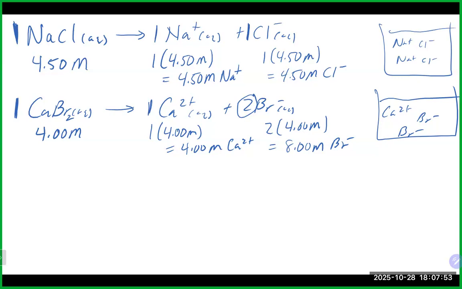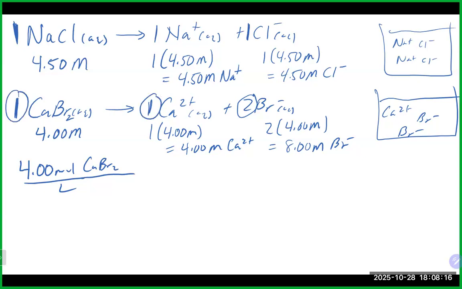Now, the reason we do all this multiplying by 2 or 1, again, is the short way of doing it: just multiply by the coefficient. The actual calculation, if you did it outright, would look like this. We would take 4 moles per liter of calcium bromide, and we would do a mole-to-mole relationship.